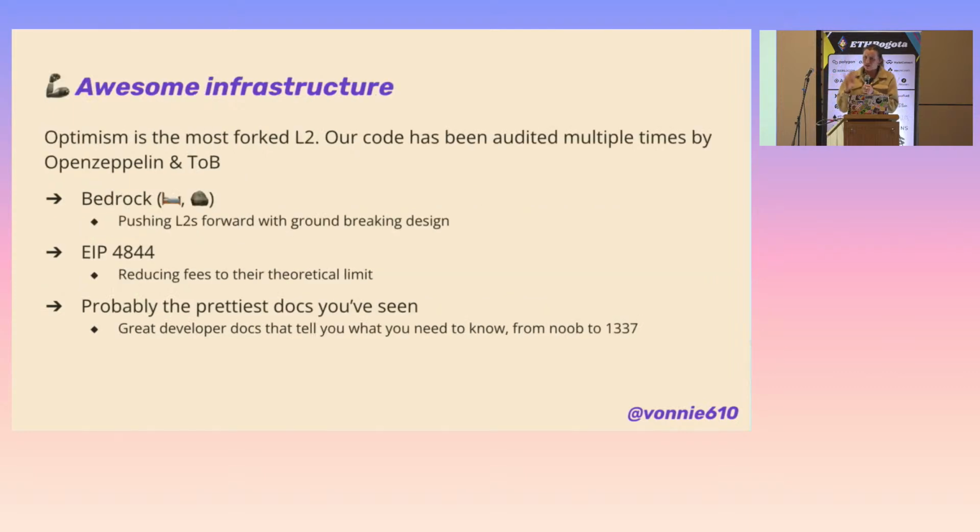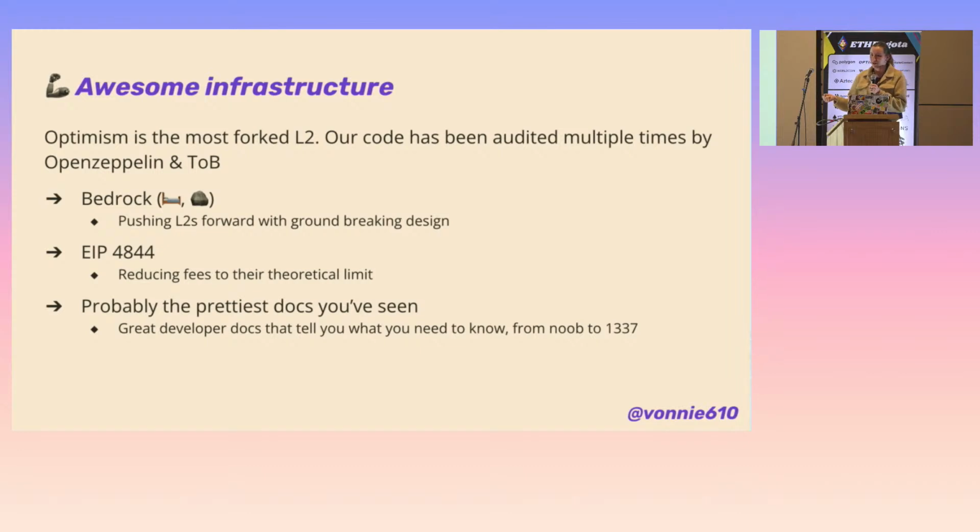We also have incredible infrastructure. We are the most forked L2, with I think 3 forks right now, might be 4. And tons of audits from the top auditing companies in the crypto space. So we've done our work, it's secure. We also have Bedrock coming out soon, which is the next version of the optimistic infrastructure, which is amazing.